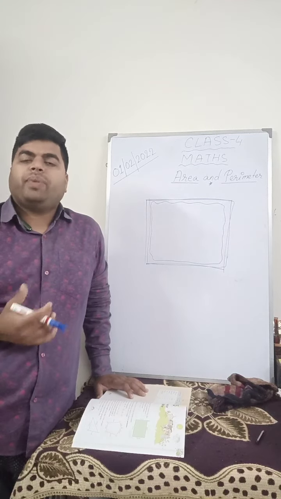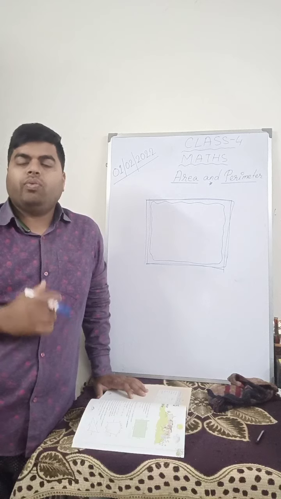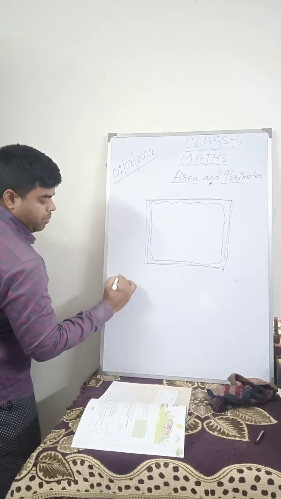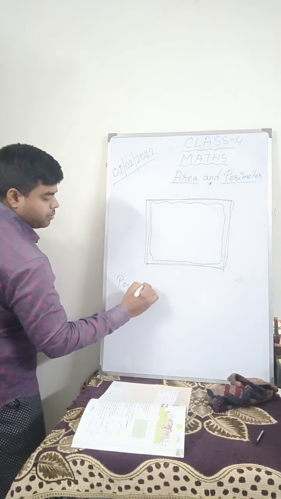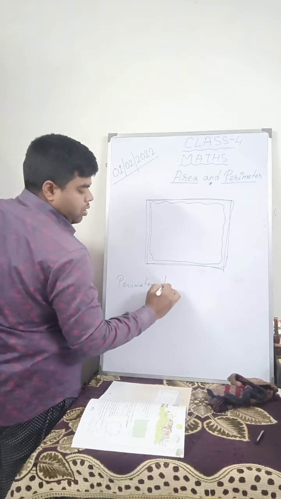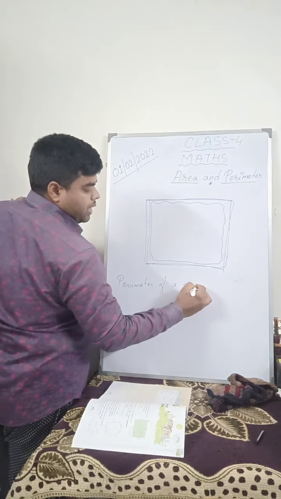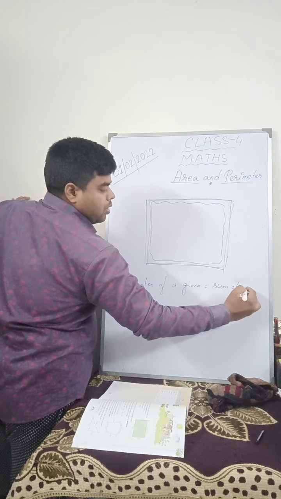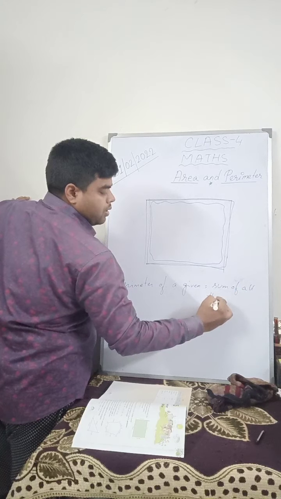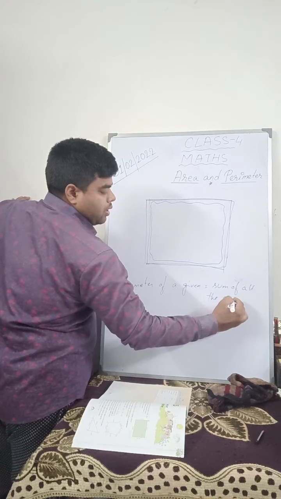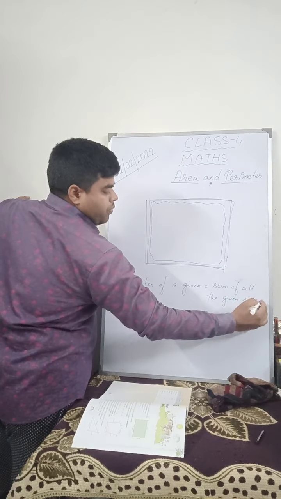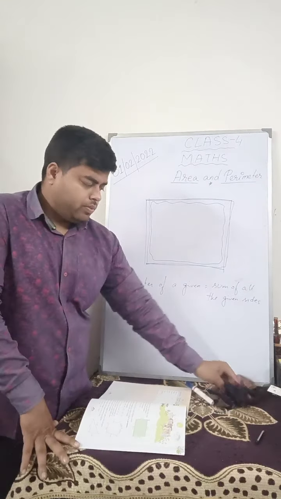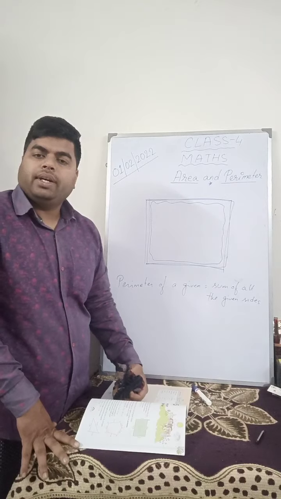So when you find the perimeter of a given figure, whichever figure they give you, they ask you to find the sum of all the given sides. If you add the lengths of the sides, you will automatically get the perimeter.